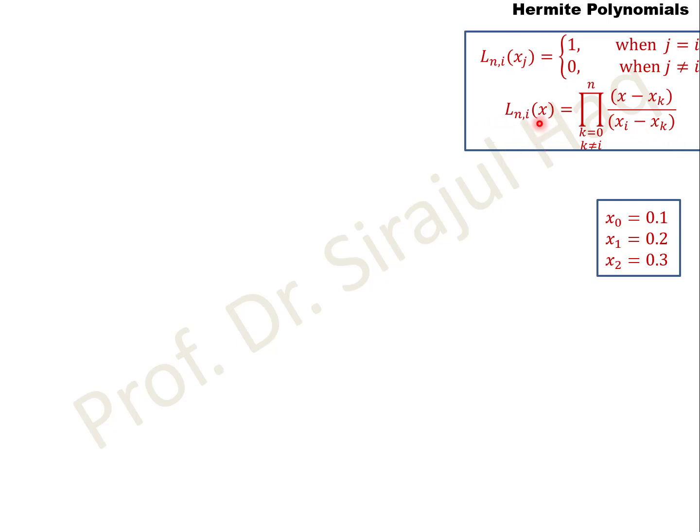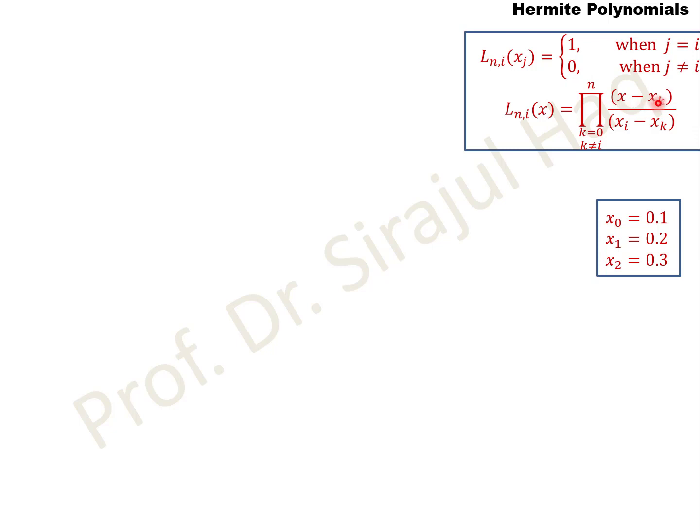You can see here, this notation is used for multiplication. It means x minus x0 divided by xi minus x0, multiplied by x minus x1 divided by xi minus x1, and this will continue until we reach up to n.